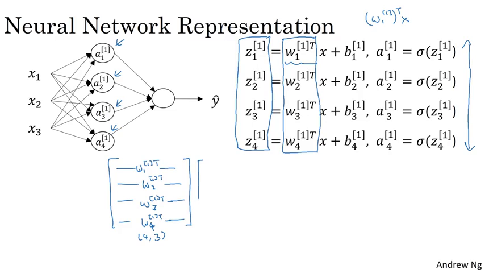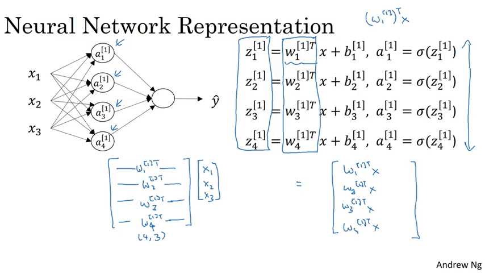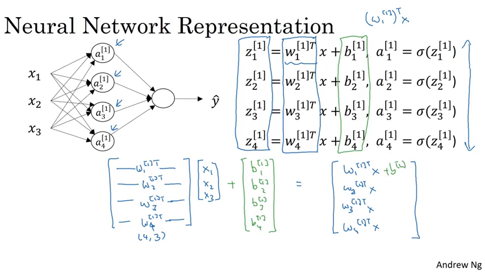So if you then take this matrix and multiply it by your input features x1, x2, x3, by how matrix multiplication works, you end up with w^[1]_1 transpose x, w^[1]_2 transpose x, w^[1]_3 transpose x, w^[1]_4 transpose x, and then let's not forget the b's, so we now add to this a vector b^[1]_1, b^[1]_2, b^[1]_3, b^[1]_4.